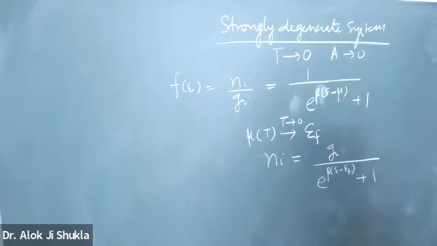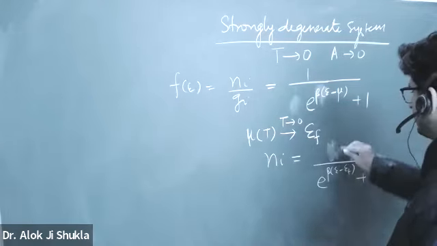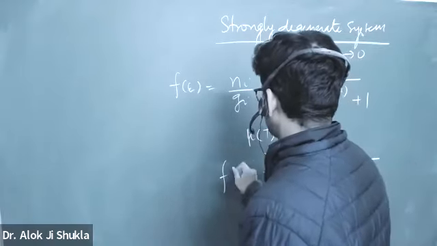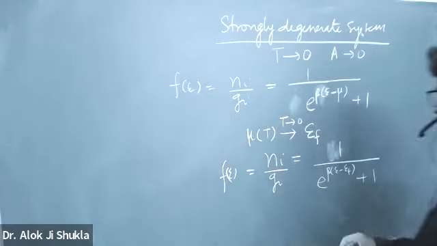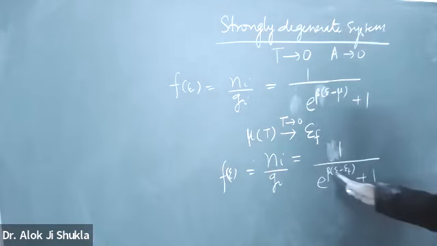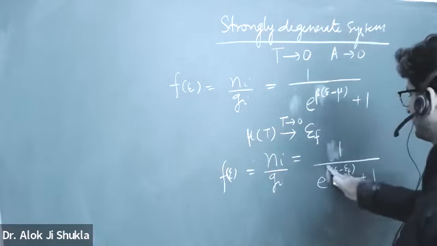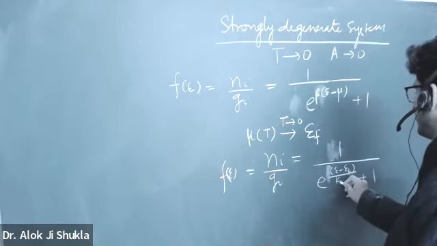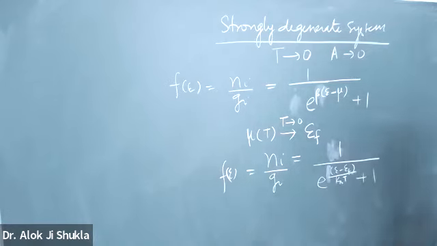So let us see. So this is 1, this is Ni by Gi, this is Fe. Now what is beta? Beta is 1 by kBT.